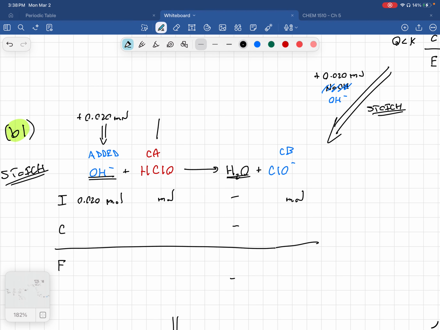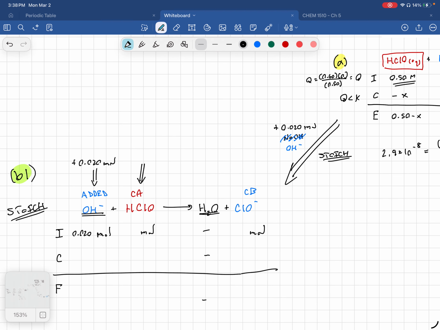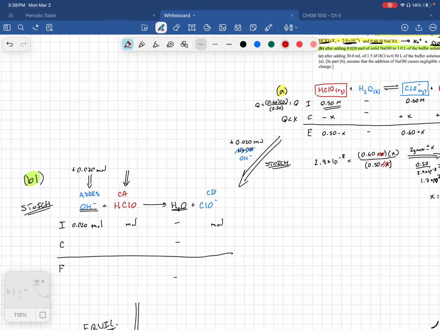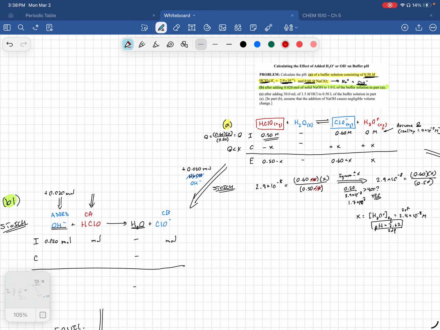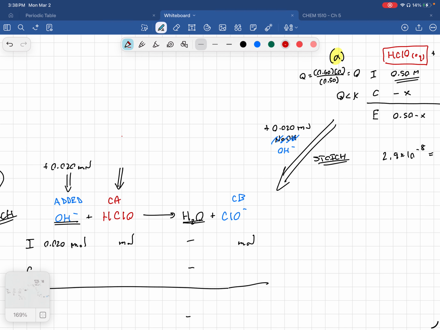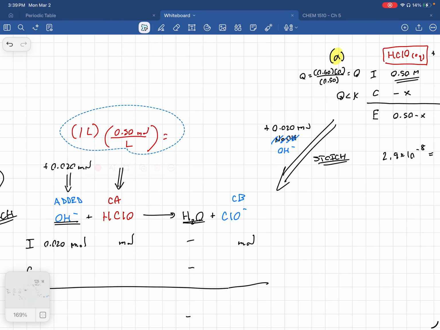For our conjugate acid, we will need to calculate that because our initial concentration of the conjugate acid is 0.50 moles per 1 liter, and we're told that the solution has a volume of 1 liter. So that means, let me do this math up here.